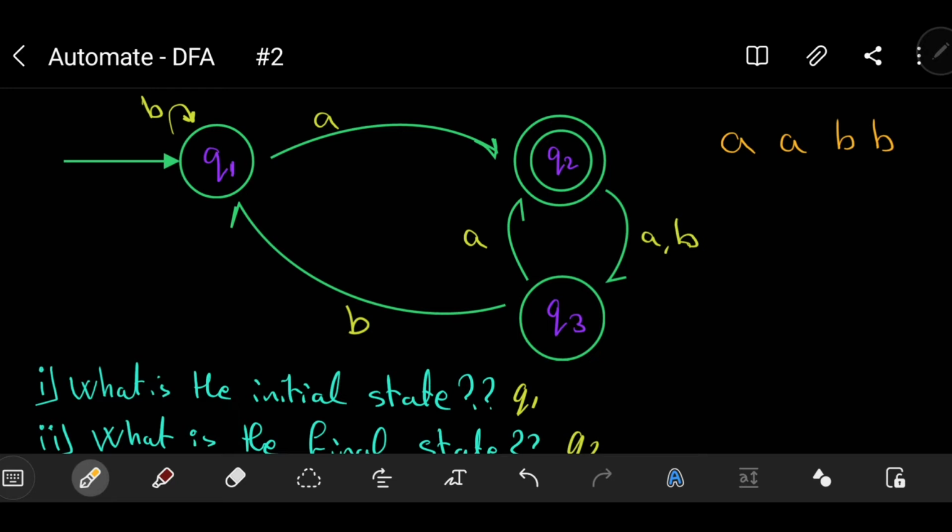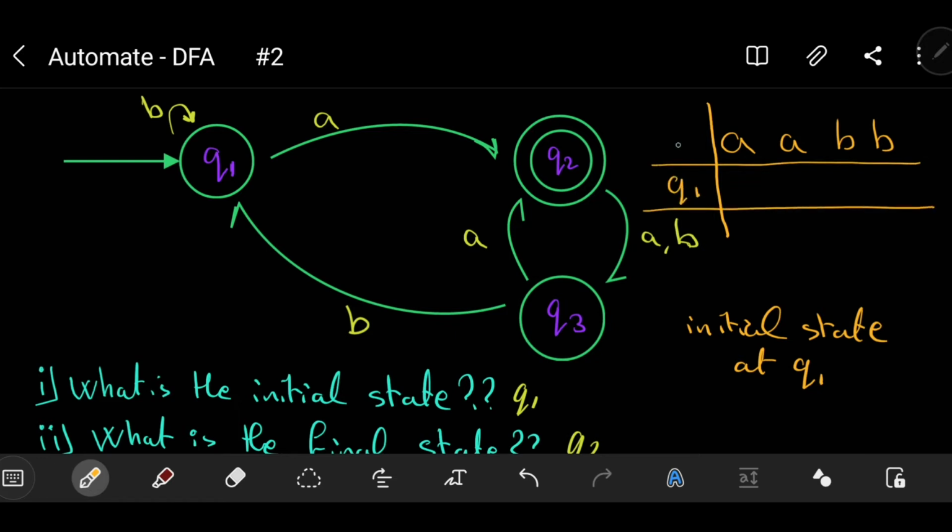We have the initial state at Q1, so now we are on Q1.